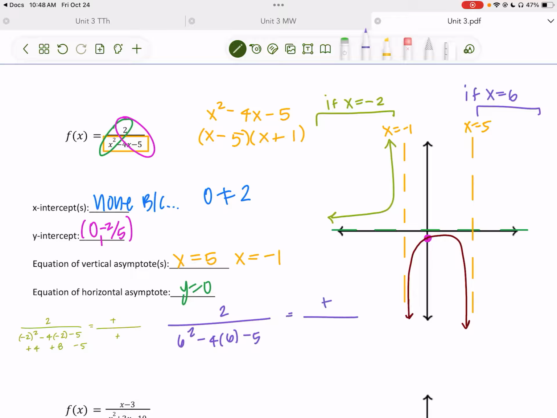So that's again a positive. We have a positive 36 minus 24 minus 5. I believe that's also positive. So that means this curve is also above the axis. Now you're done.